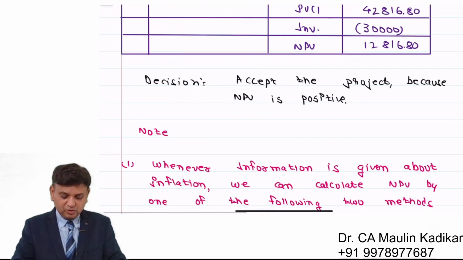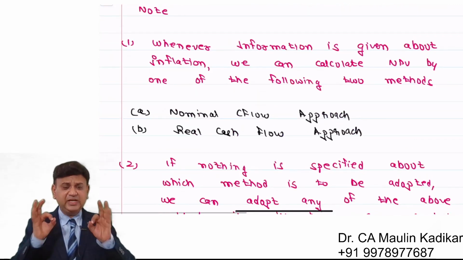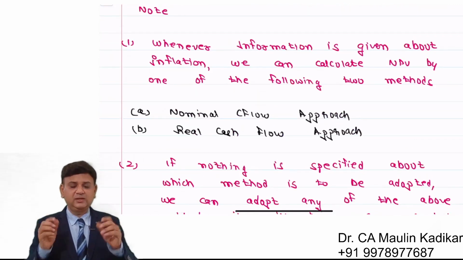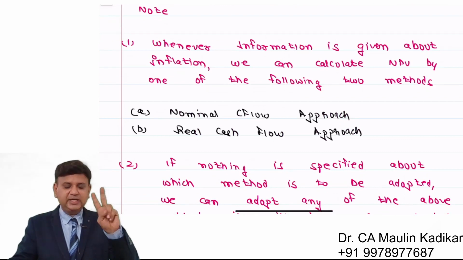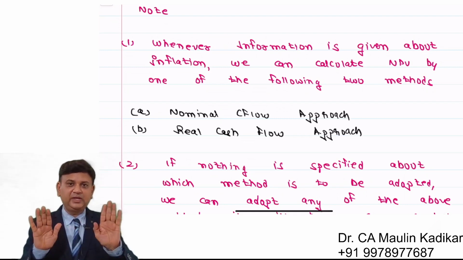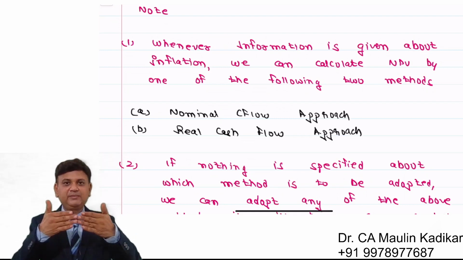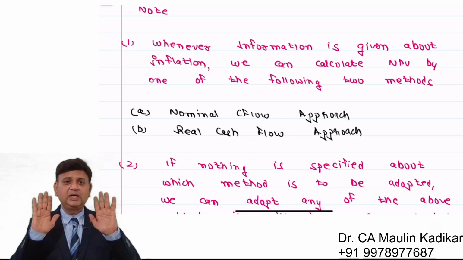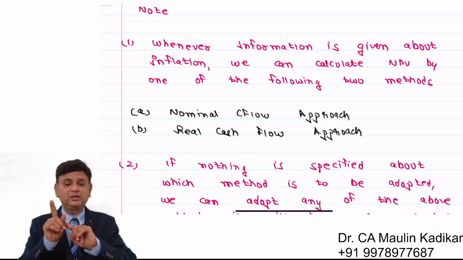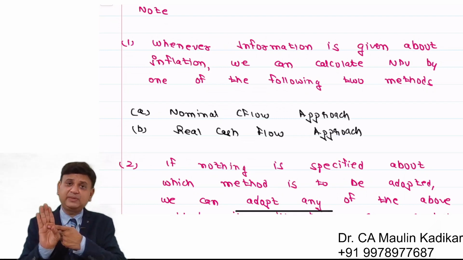Then I have dictated a note that whenever inflation information is there, keep in mind there are two methods, nominal and real. If nothing is specified, you can use either method. It will give the same conclusion, same NPV. If any clarification is made, you have to follow that specific method only.